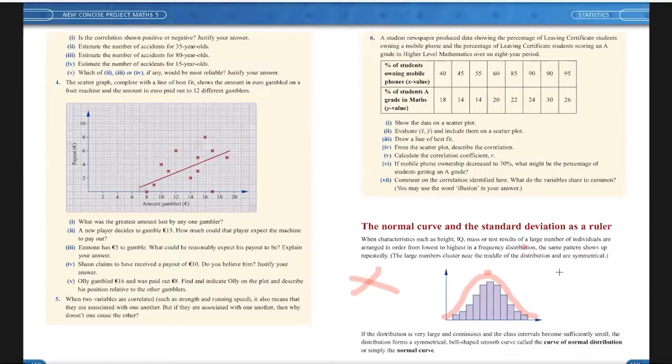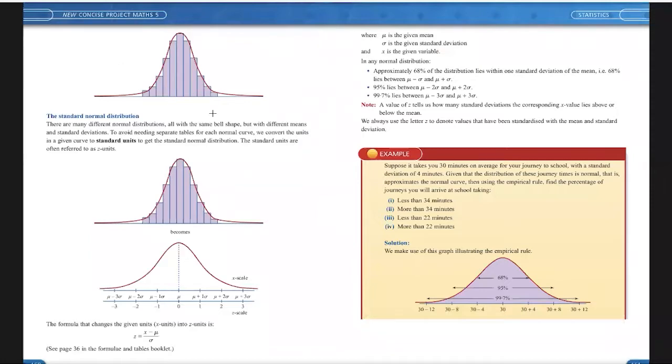That curve represents the shape or the distribution of your histogram. Now, what's interesting is if you gather typical characteristics such as height, IQ, mass, failure rates, shoe size, anything like that, if you take enough samples, you will find that an awful lot of things can be fitted to a normal distribution curve, or a normal curve, which makes this curve extremely powerful.